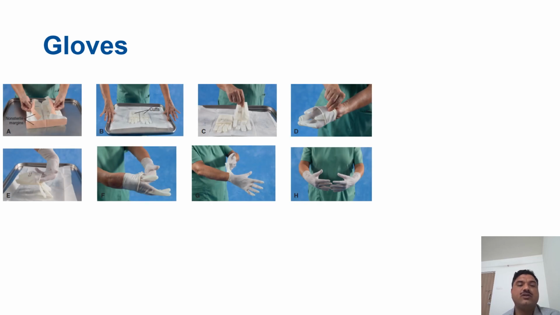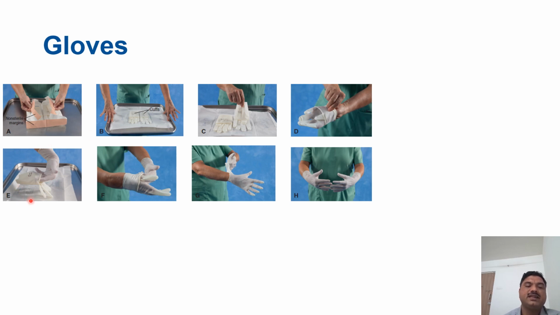While wearing the gloves, one can open the gloves from the non-sterile margins. Then one must hold the glove with the help of the cuff with one hand and pass the other hand into the glove.